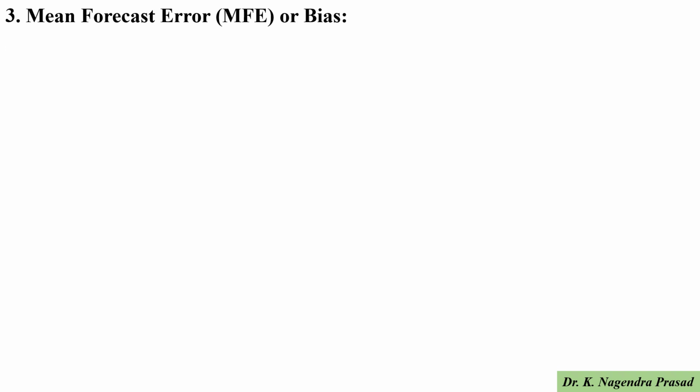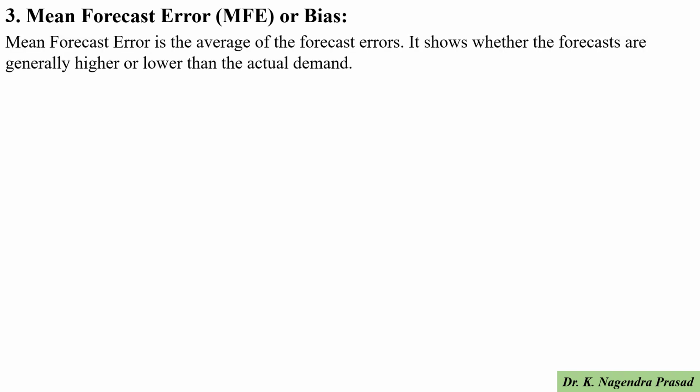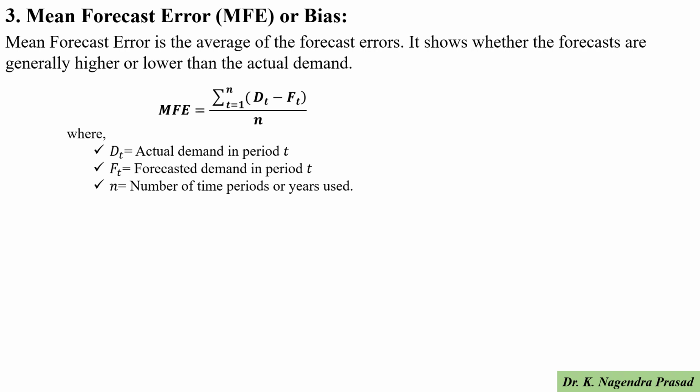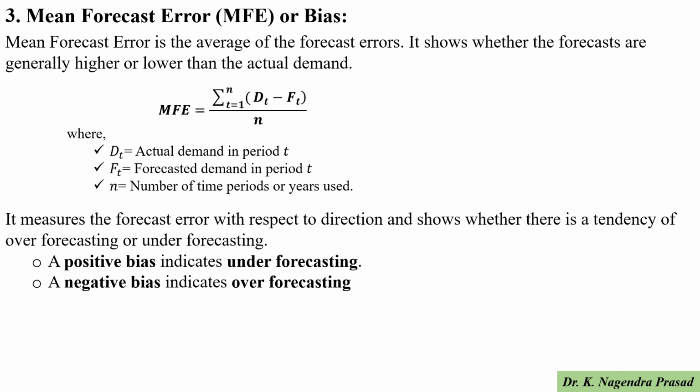Next we will discuss the mean forecast error or bias. Mean forecast error is the average of the forecast errors. So it shows whether the forecasts are generally higher or lower than the actual demand. So mean forecast error MFE equal to the summation of t equal to 1 to n, D_t minus F_t, divided by n.